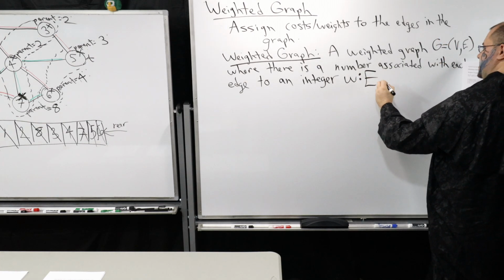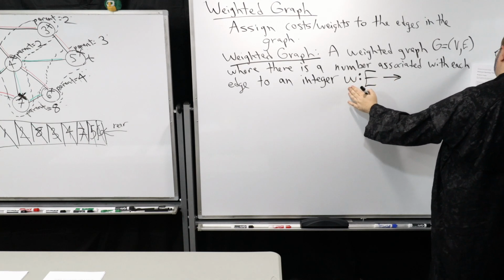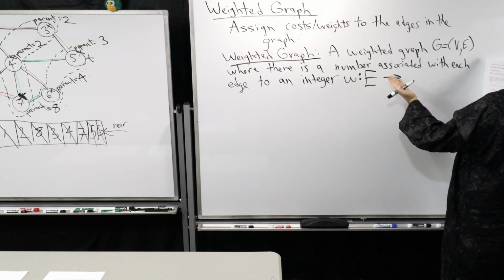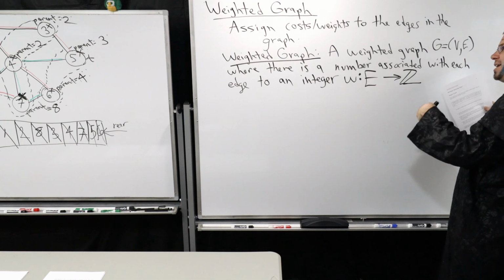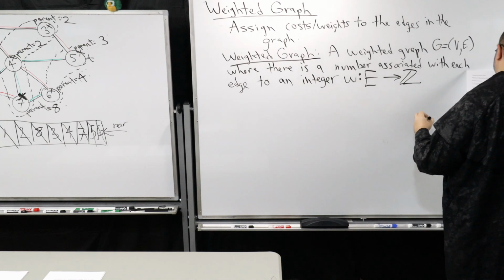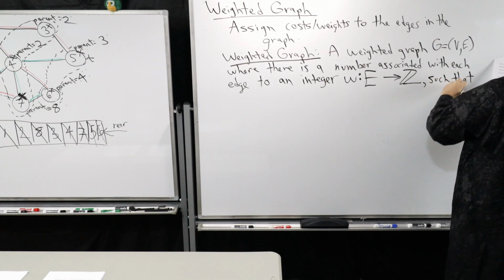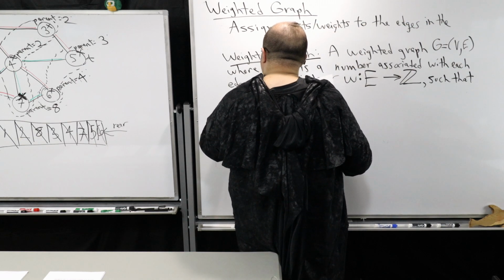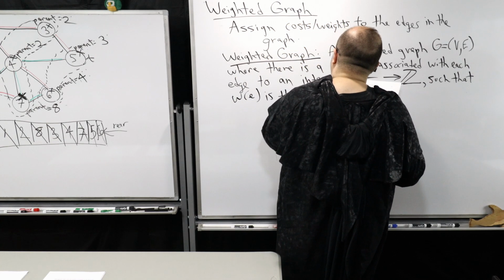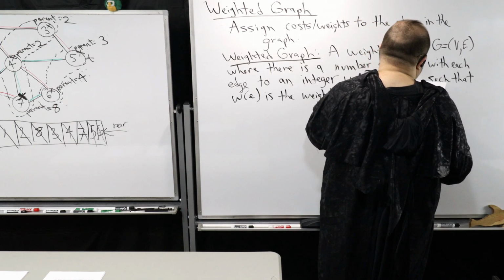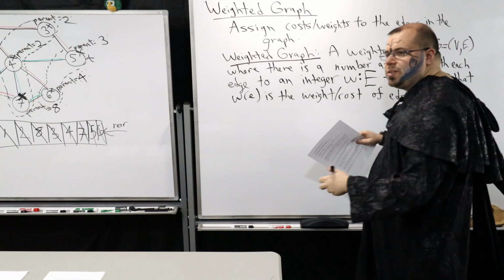Formally, this is how I would define it for you, the mapping. So I have a weight function, or cost function. For each one of the edges, I'm going to tell you that it maps to some integer. So it'll be a function that takes in an edge and spits out an integer, such that w of e is the weight or cost of edge e. So that's the definition of a weighted graph.